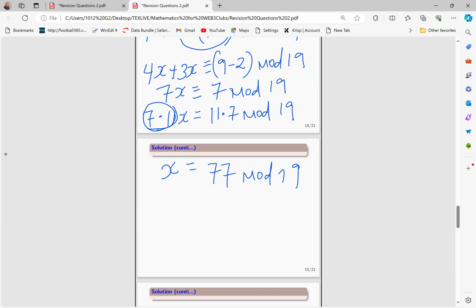We reduce. These are inverses of each other, so that's 1. Still we get 1, so x is 1. So it will be 1 mod 19. Okay, thanks.